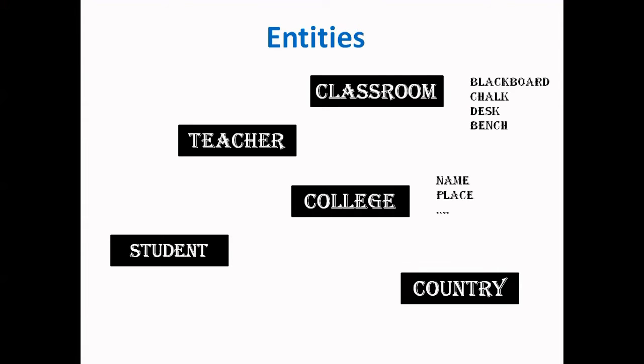Similarly, when I go for a college, I can say name, place. The same with the student, USN, all these are properties. Every entity will have its own properties, isn't it? Likewise for teacher, likewise for country.